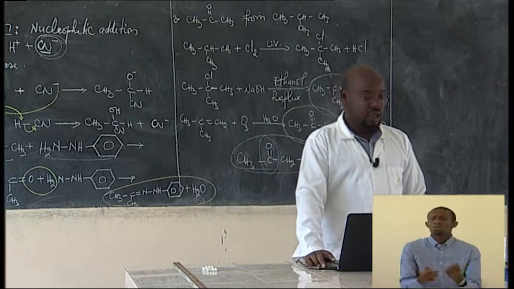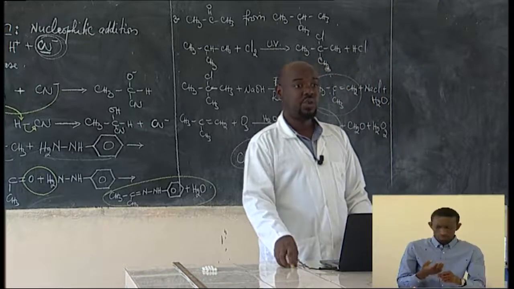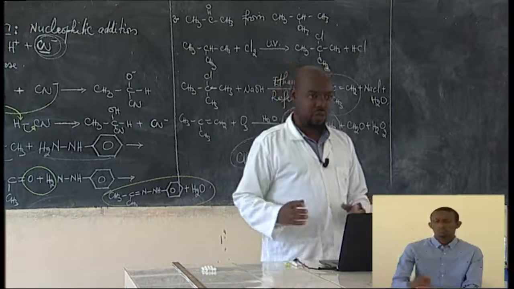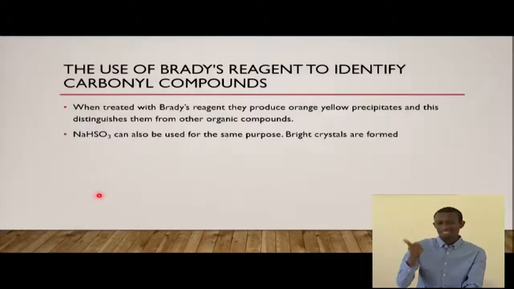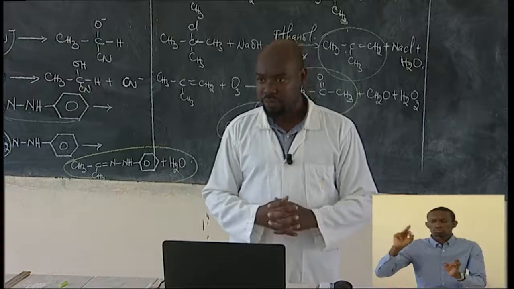Now let us start the new lesson. We are starting with the use of Brady's reagent to identify carbonyl compounds. So here we are starting the description of how we can distinguish carbonyl compounds from other compounds.